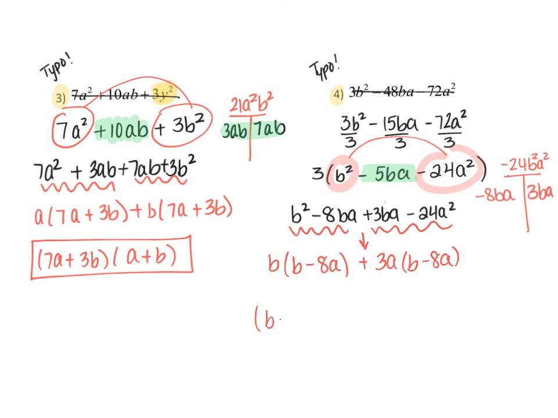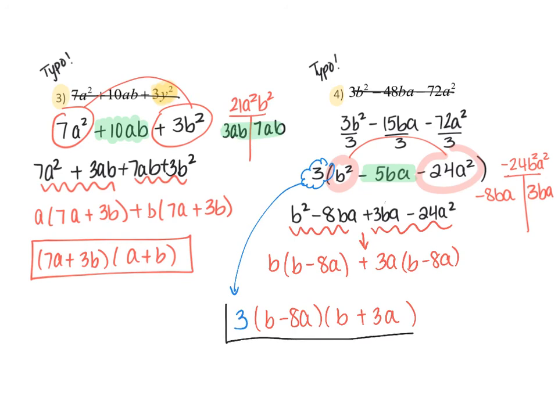The b minus 8a was my common factor, and I am left with b plus 3a. And then don't forget, your final answer must include this original GCF of 3. So I can go ahead and bring that 3 down, and this is my final answer.